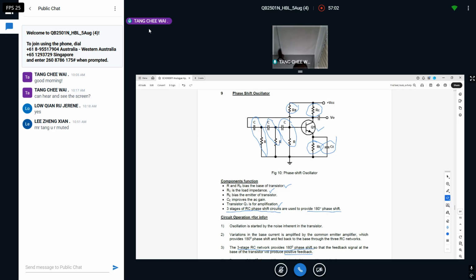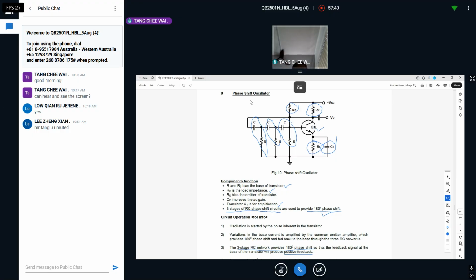Then you are wondering, okay, three stages, and they tell you that the three stages will give you 180-degree phase shift. Very interesting. So some of you may ask then, one stage will give you how many degrees of phase shift? That is a question maybe I want to pose to you. Can someone make an attempt to answer this question? There are three RC circuits in this phase shift oscillator.